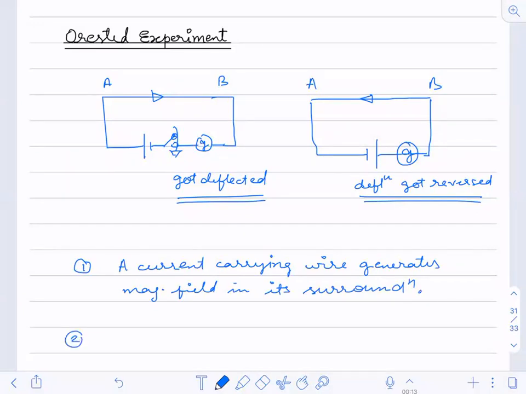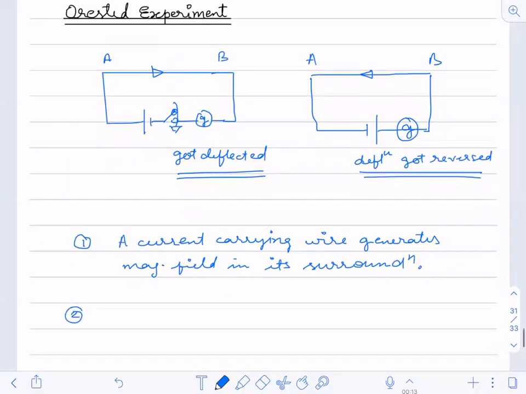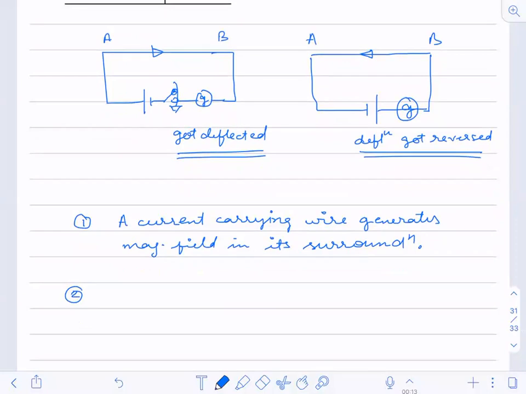What was the second conclusion he made? When he reversed the direction of the current, the direction of the deflection of the compass got changed.